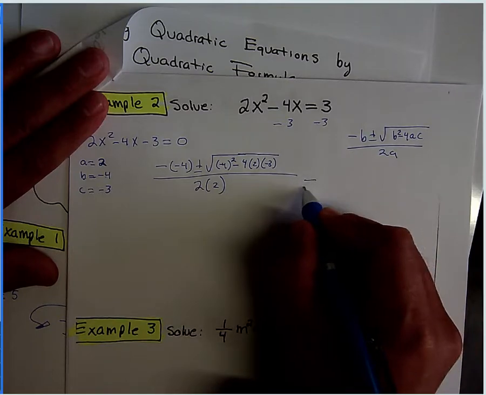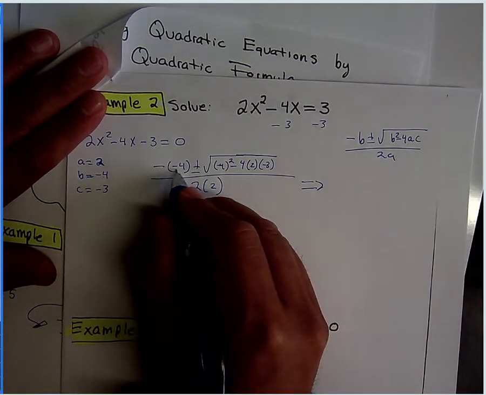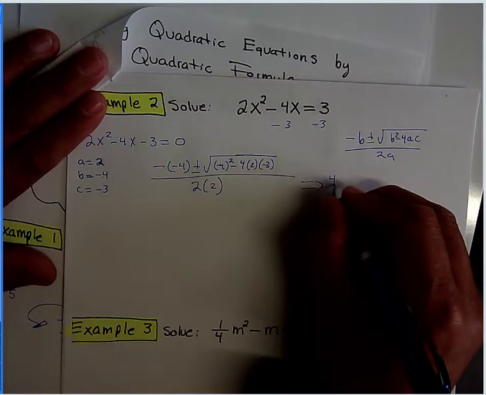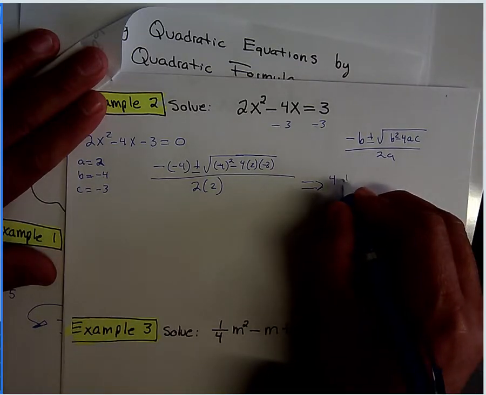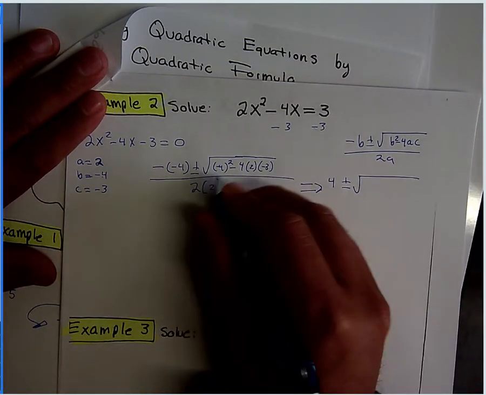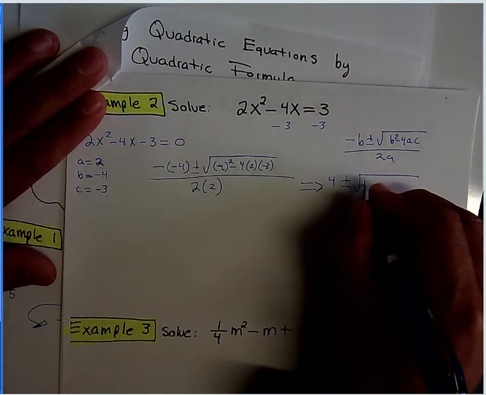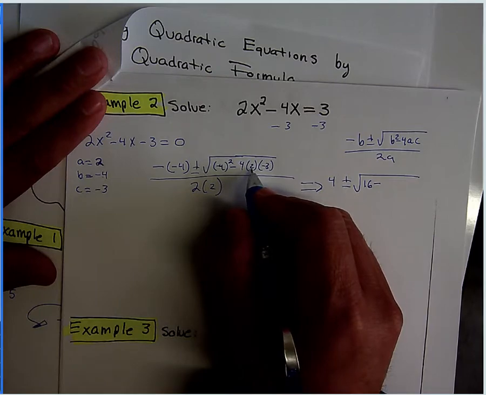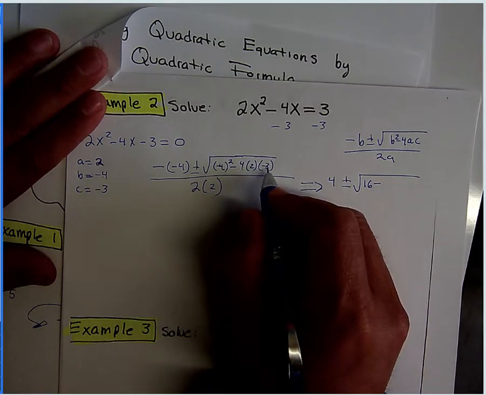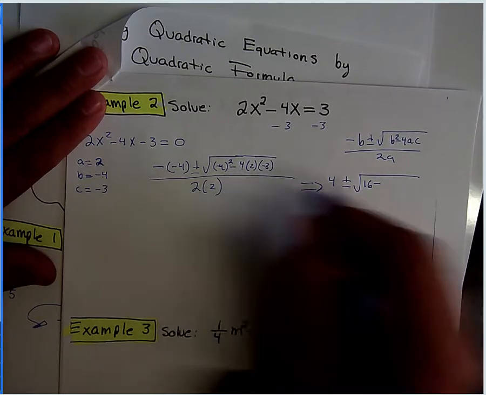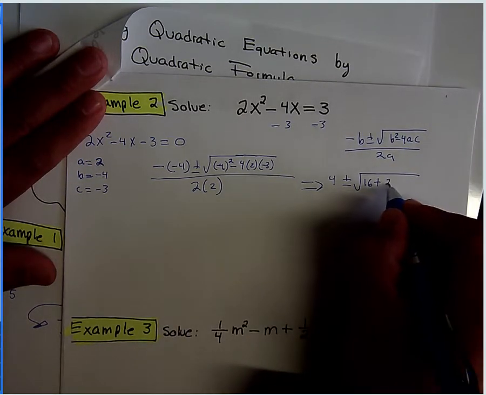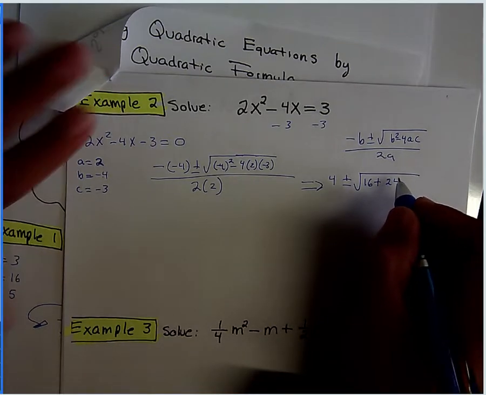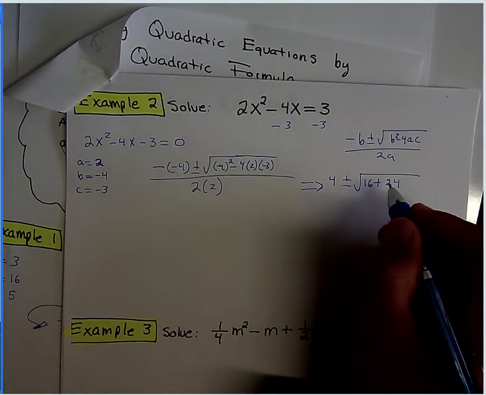So negative negative gives me positive 4, plus minus the square root of negative 4 squared, which gives me positive 16, minus 4 times 2, 8, times 3, 24. Since these two are negative, this is going to give me a positive 24.